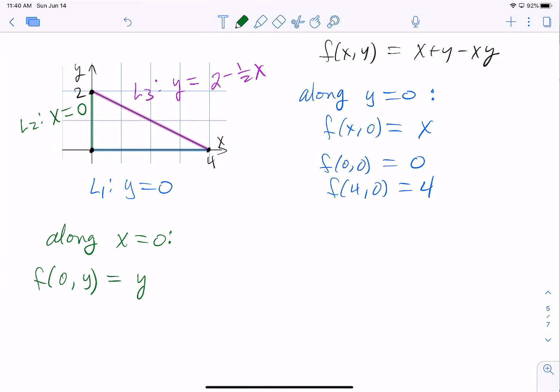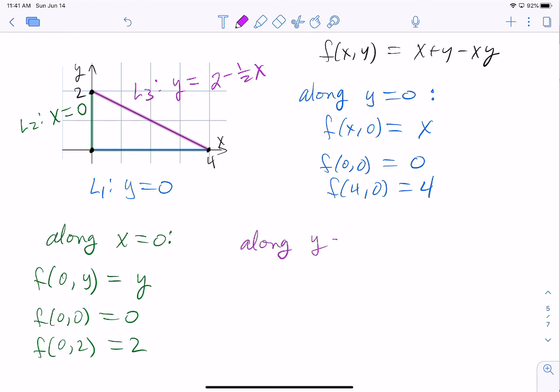And that's going to give us y. Again, we have a smallest value on this segment when y is 0 and a largest value when y is 2. f of 0, 0 is 0. f of 0, 2 is equal to 2. And eventually we're going to compare all of the outputs that we're getting here. But one more step. Well, several.